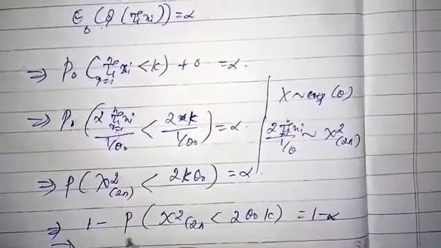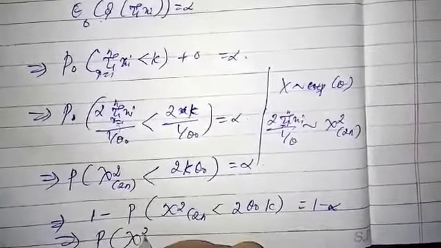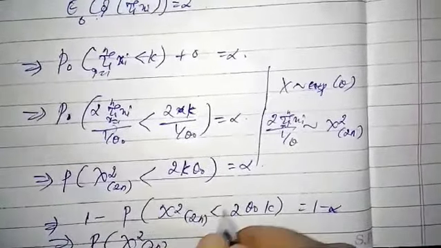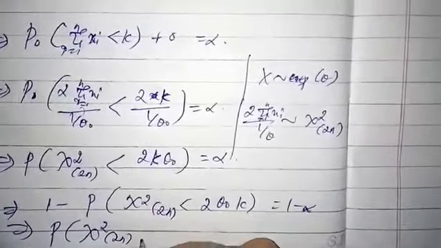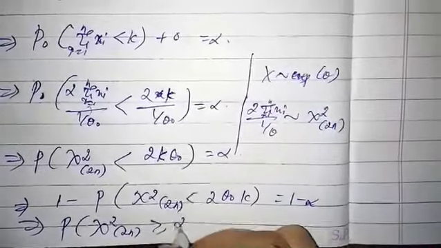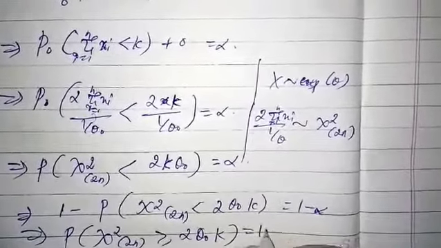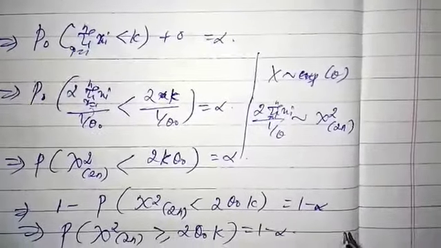Then you can write that term as the probability of chi-square with 2n degrees of freedom greater than or equal to 2 theta naught into k, which is equal to 1 minus alpha, right?